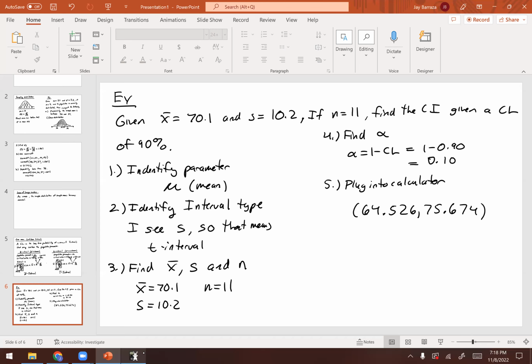Okay. I'm 90% confident that if I did a bunch of intervals, the population parameter would be somewhere in between these two numbers. Okay. That's my confidence level interval. Any questions on that?